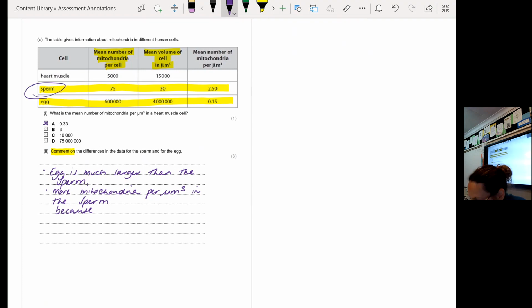This one does. My sperm has to move to the egg. The egg doesn't have to move to the sperm. So if you're looking at the ratio per volume, there are more mitochondria in my sperm cell compared to the volume of the cell, because the sperm has to move. And to move, it requires energy, therefore it needs mitochondria.